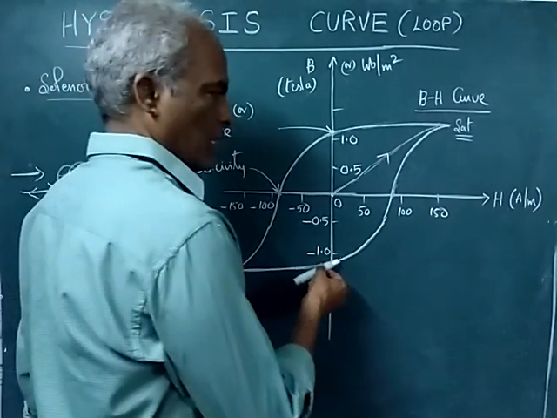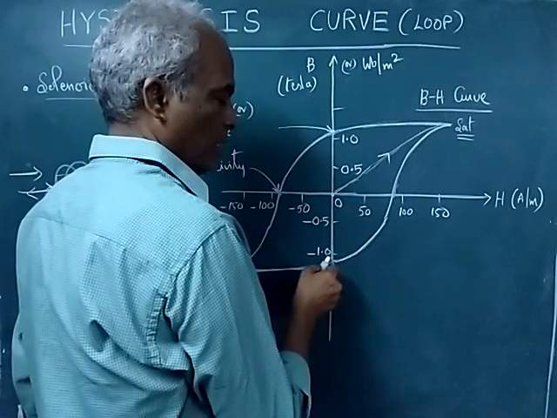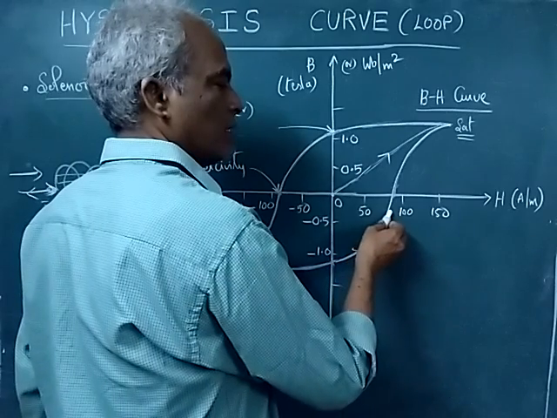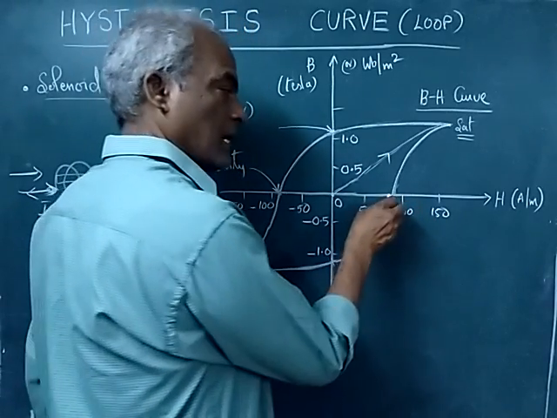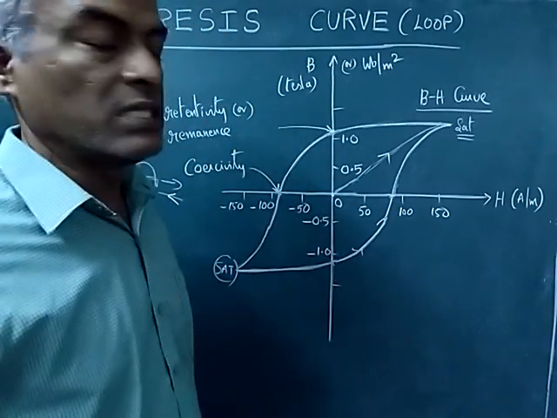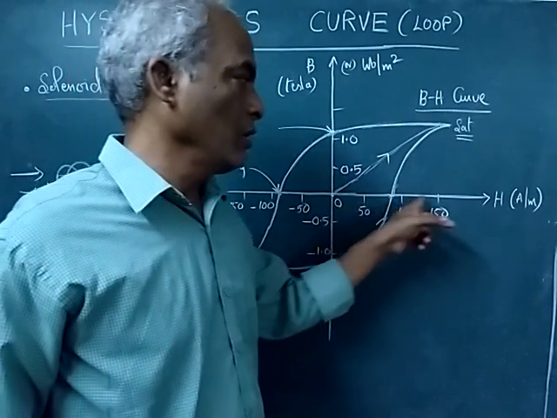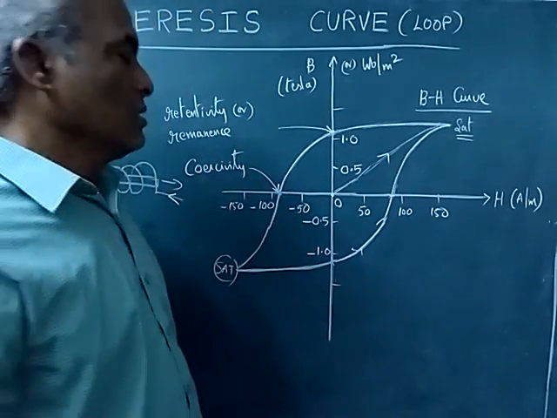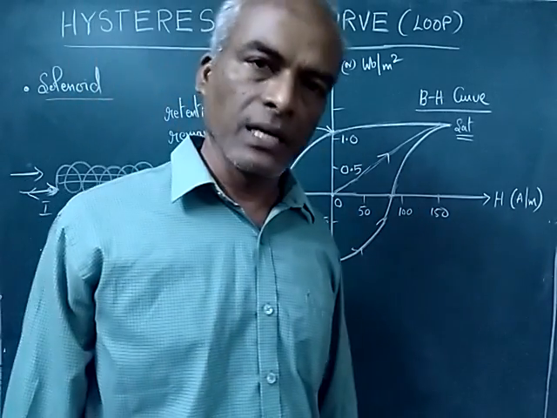So now the current is positive. It won't go to this path, it will take this path. When current reaches this point, the current is there, but magnetic flux density is 0. This point, B value is 0. Once again you increase the current, it reaches the saturation value. So this closed curve is called hysteresis loop or hysteresis curve.